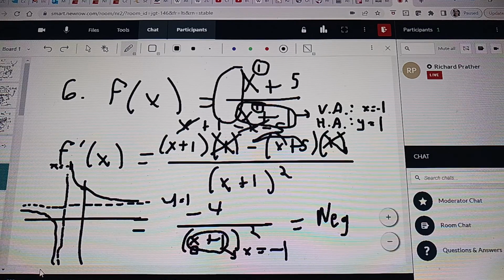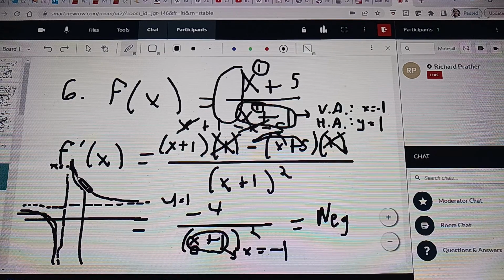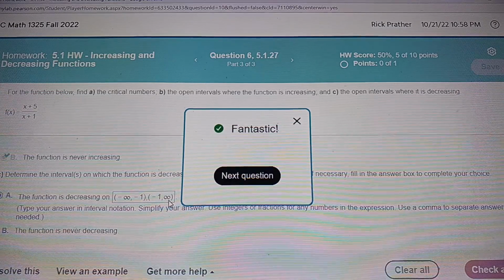So again, you don't need to solve this problem by looking at a graph, but if you look at a graph, it makes sense. Because look how if I travel left to right, I'm going down, down, down, and then nothing's happening at negative 1. And then you pick up again after negative 1, you're going down, down, down. It's constantly going down no matter where you are except negative 1. So that's why it's decreasing from negative infinity to negative 1, and then again from negative 1 to infinity.